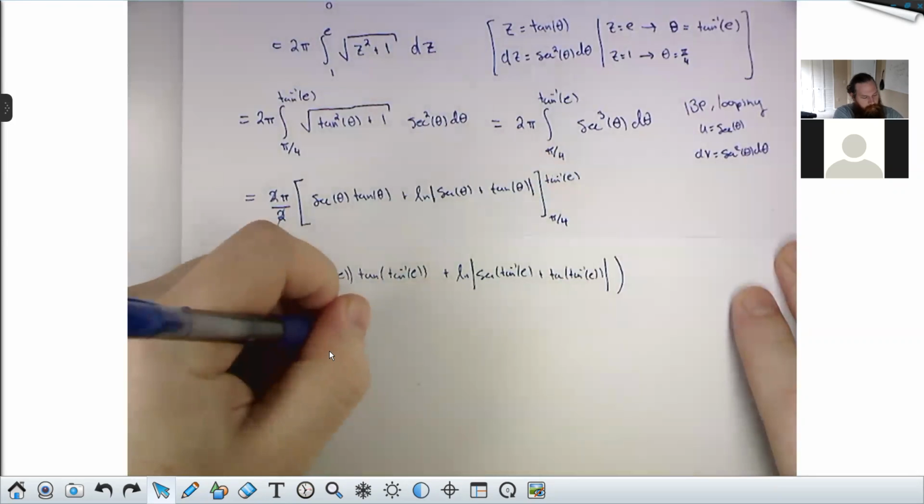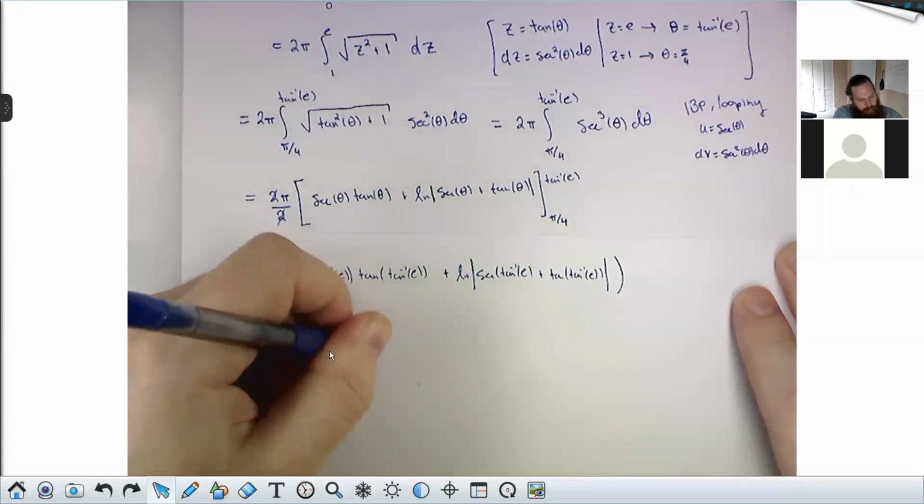And then from that, I have to subtract what I get when I plug in pi over 4.